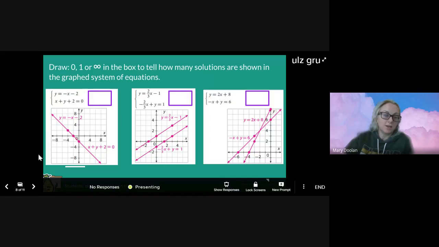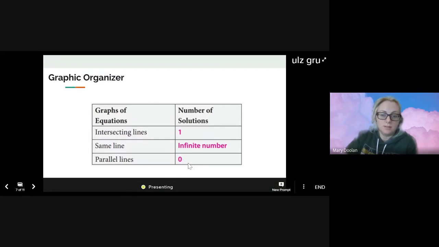On this next slide, I'm going to have you go to your Pear Deck tab and draw in the purple boxes. You're either going to draw a 0, a 1, or an infinity. Find the parallel lines, and that means there are no solutions.